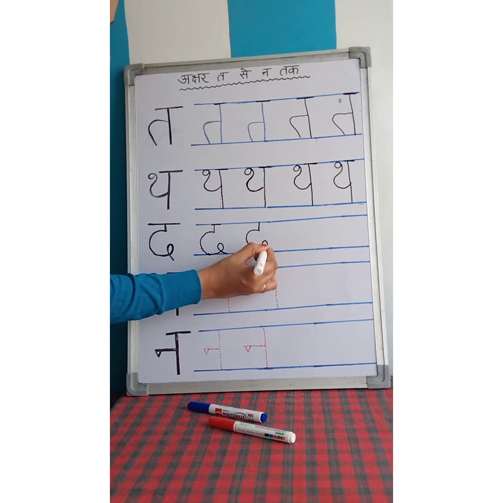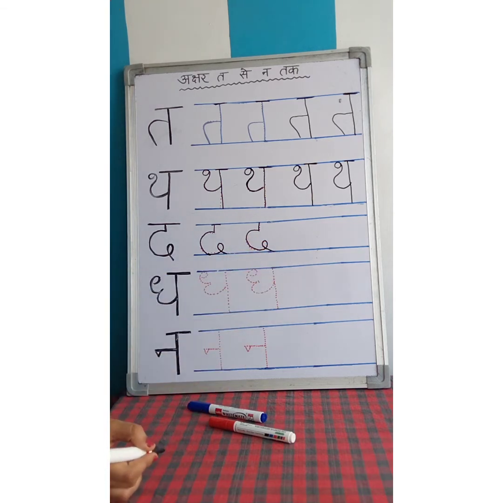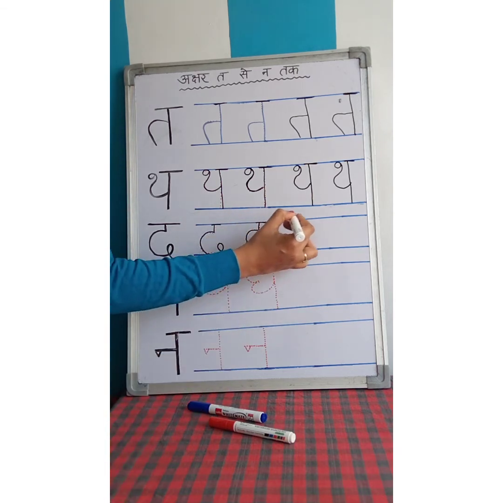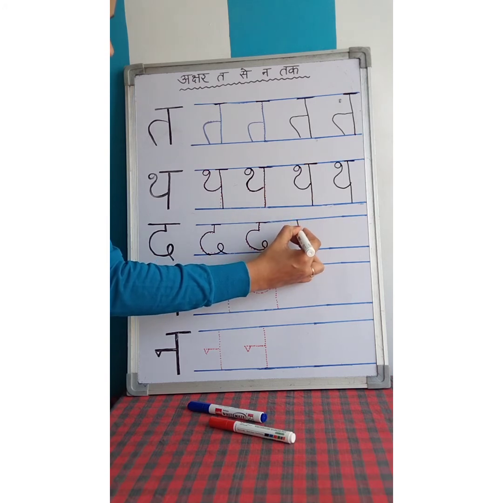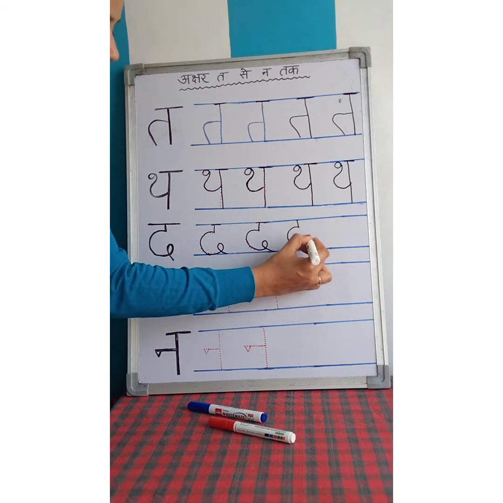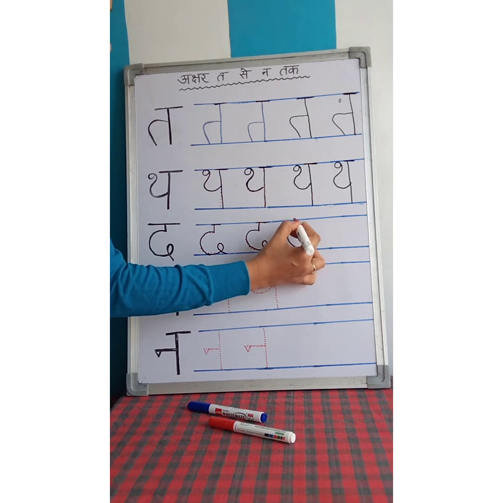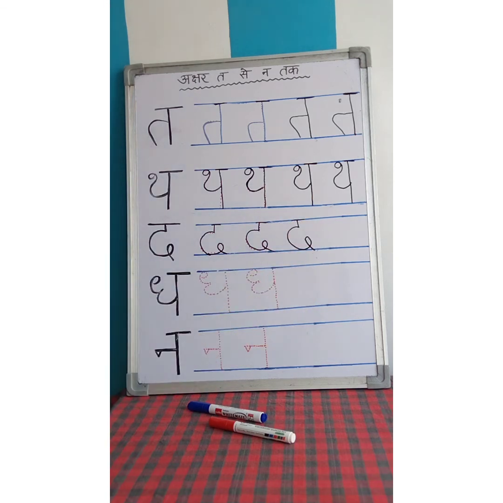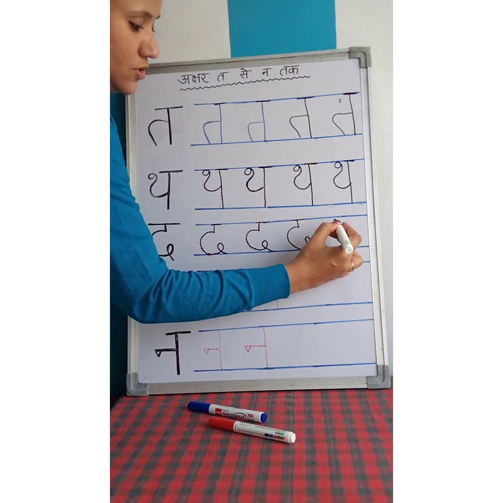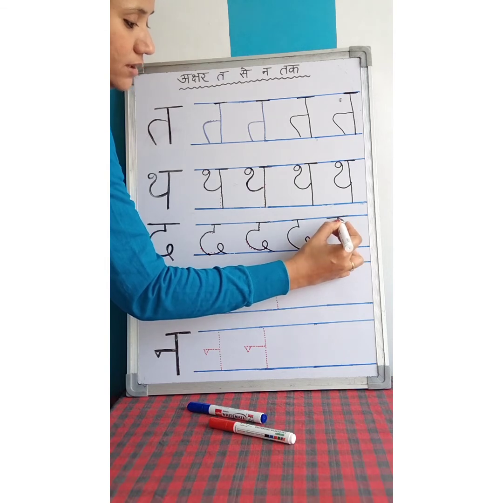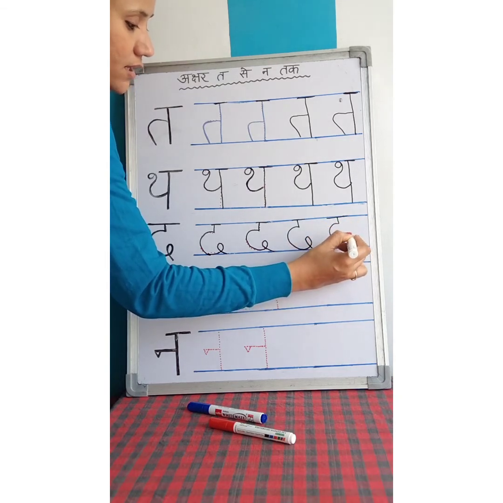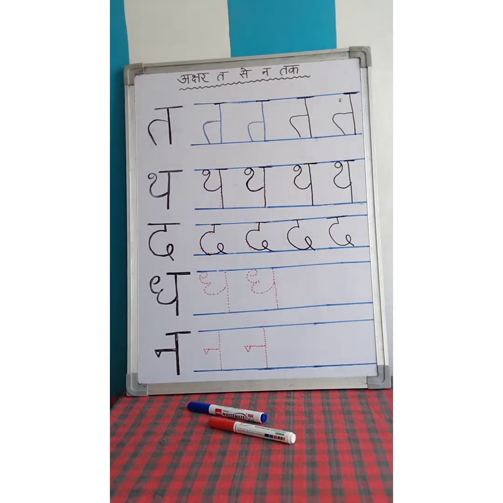First we'll draw tha and then we will extend the circle like this, like a tail, and this will become da se dawat. It's very easy, students. You all know how to write ta and tha, so the da becomes very easy automatically. First we'll draw tha and then you will extend the circle into a tail.